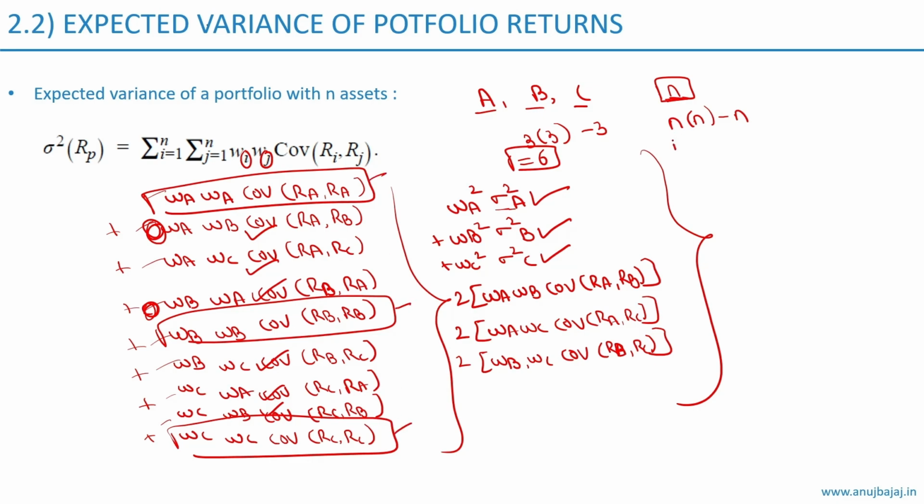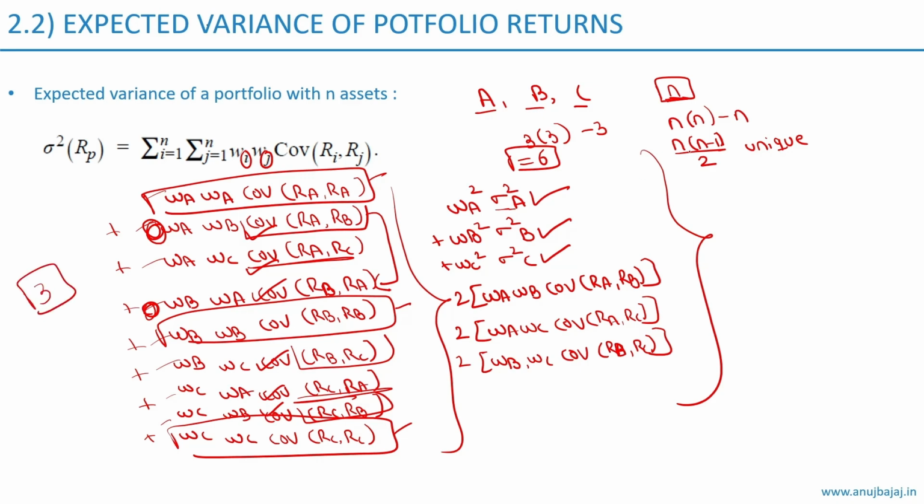And we have n multiplied by n minus 1 divided by 2 unique or distinct covariance terms. So this covariance term, that is covariance of asset A's return with asset B's return, is repeated twice. Similarly, this term is also repeated twice, and even this term is repeated twice. So in total, we have 3 unique covariance terms.